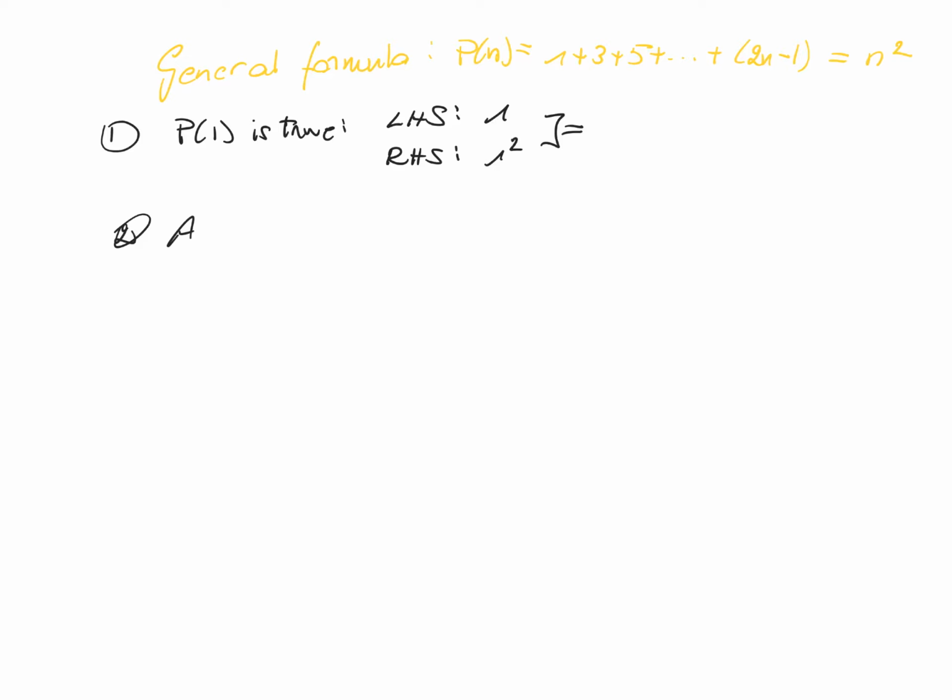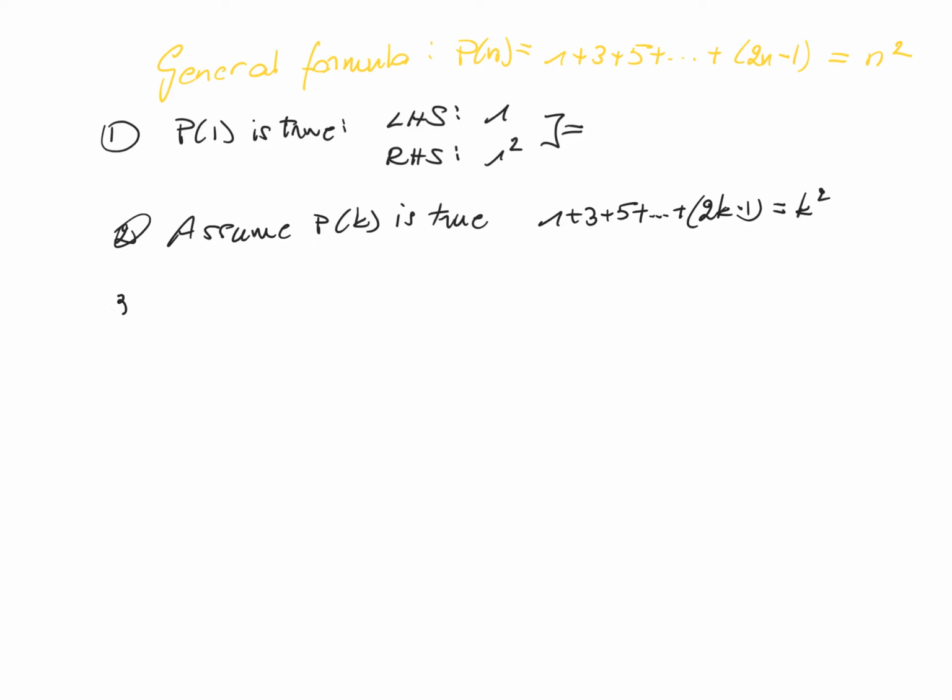The second, we assume that Pk is true. So basically we assume that 1 plus 3 plus 5 up to 2 times k minus 1, that this is equal to k squared.